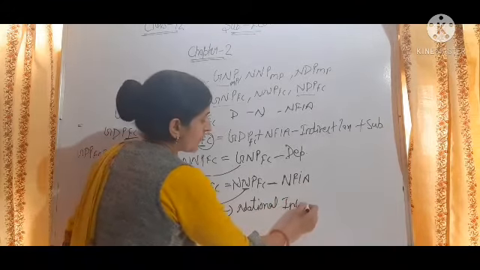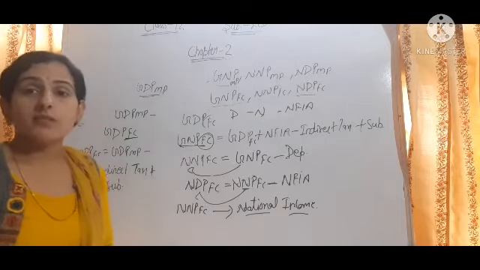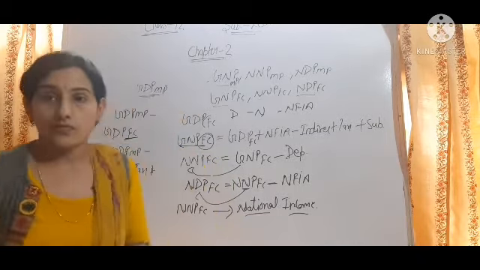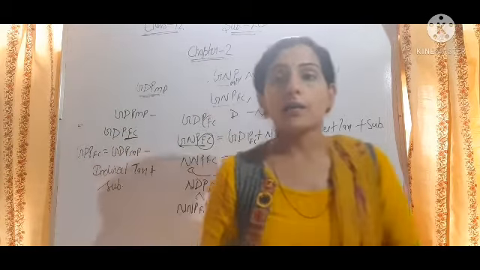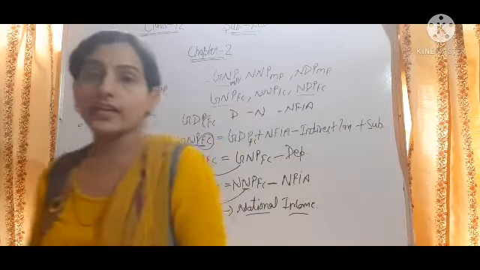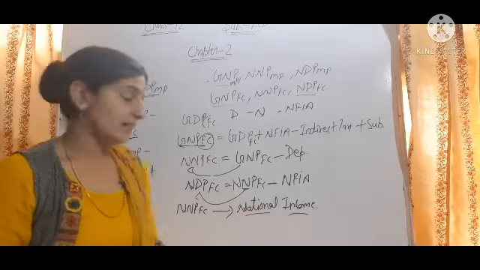As we discussed when we covered the meaning of national income, it is the sum total of final value of goods and services, or the sum total of factor income earned by the household sector and producer sector in an accounting year. So that is national income.